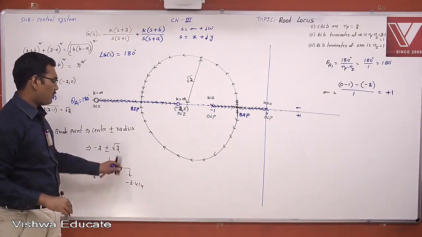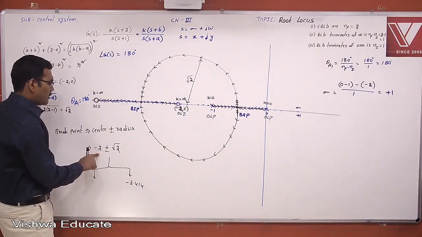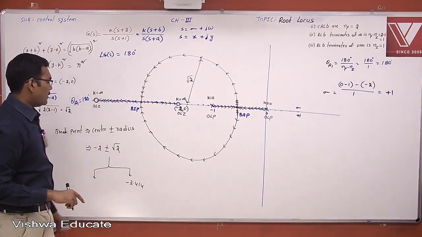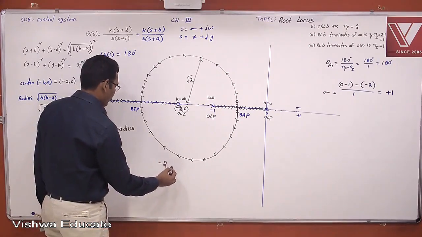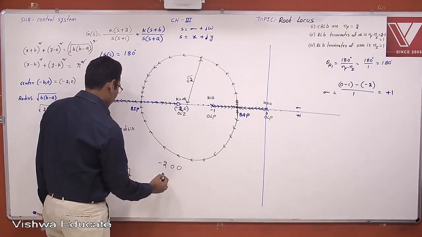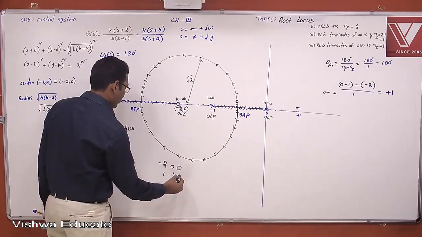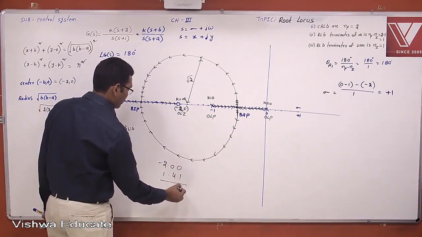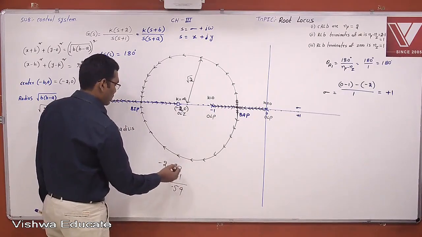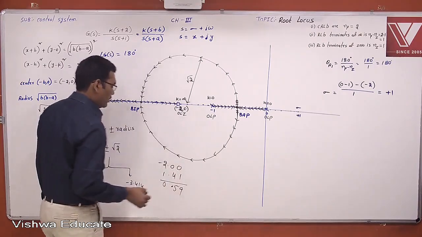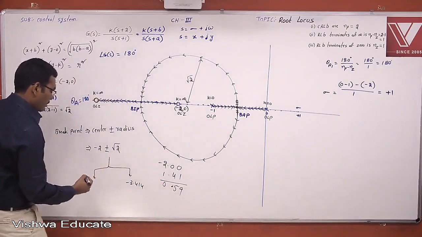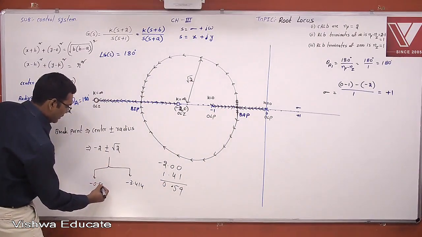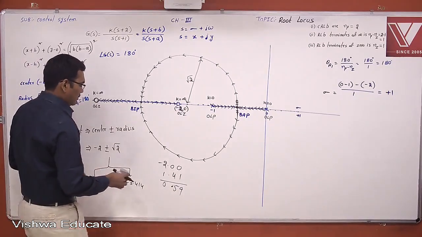And the other is minus 2 plus root 2, which is minus 2 plus 1.41, which is around 0.59. Yes, this is between 0 and minus 1. Therefore, minus 0.59 and another one is minus 3.41.